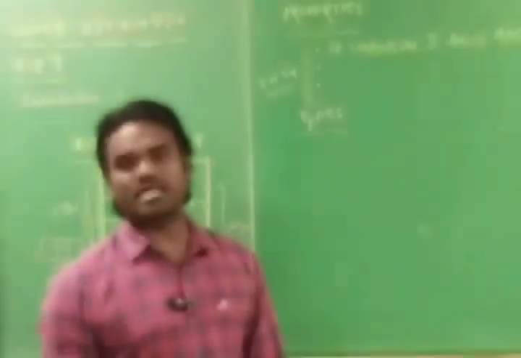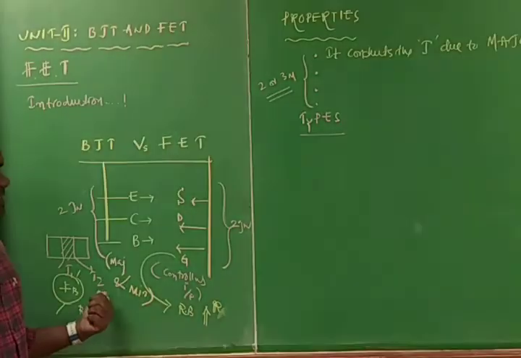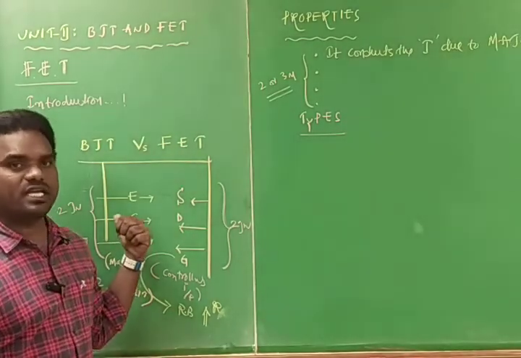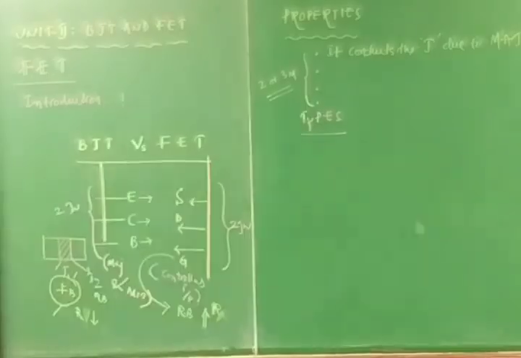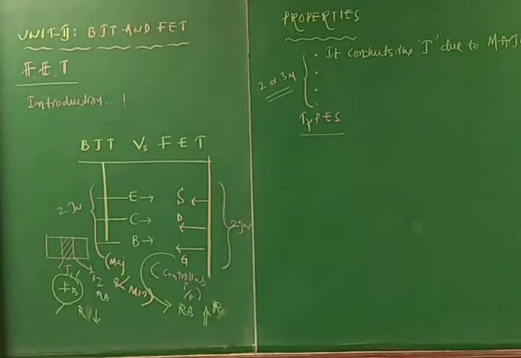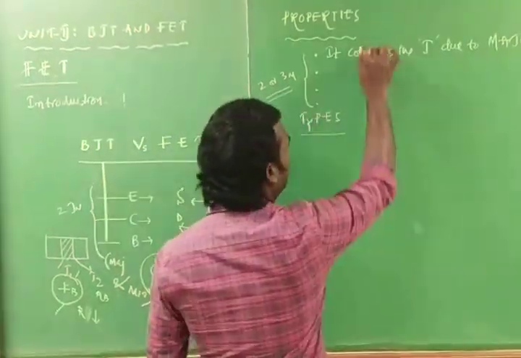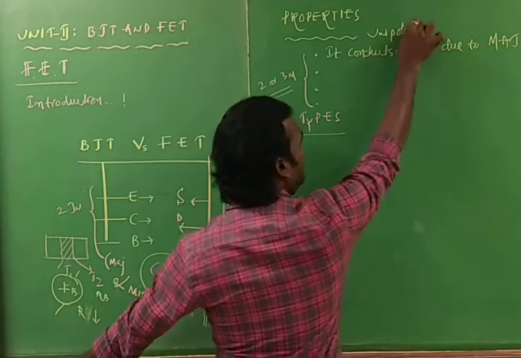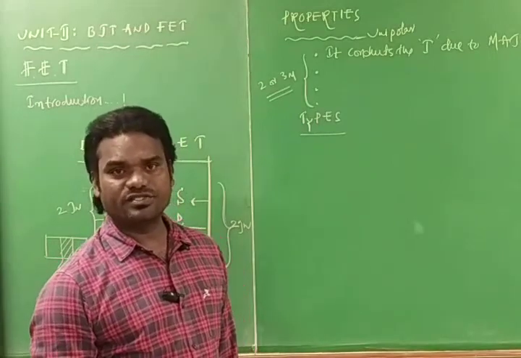Due to majority charge carriers only, it can conduct current, whereas in the case of BJT, it conducts current due to both majority and minority carriers, so it is called bipolar. Whereas the FET conducts current due to majority charge carriers only, so it comes under unipolar transistors.